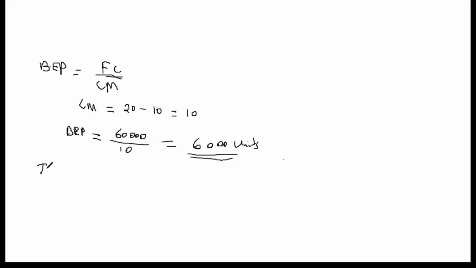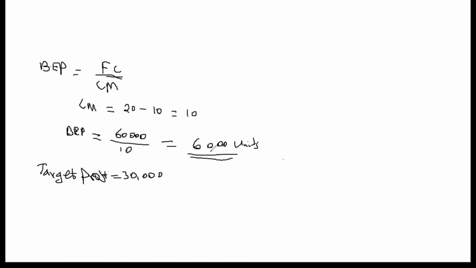Okay, our target profit is equal to 30. Which means to make this profit, we must sell over and above the break-even point.